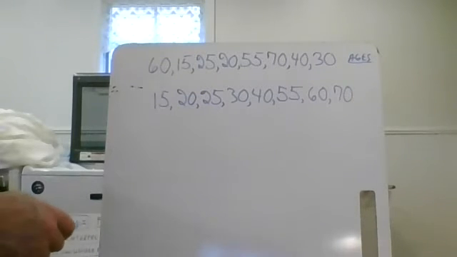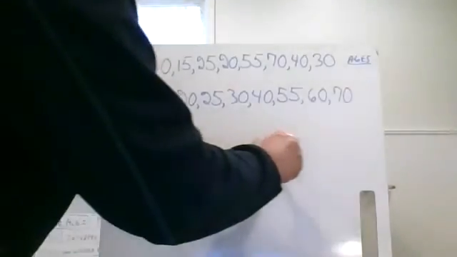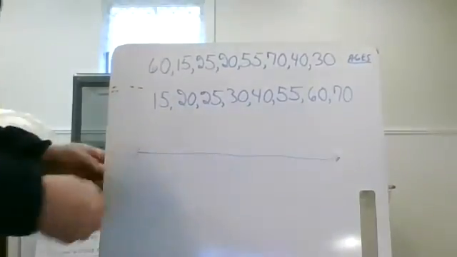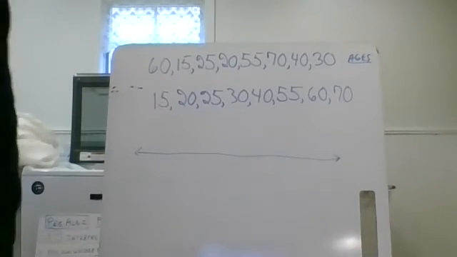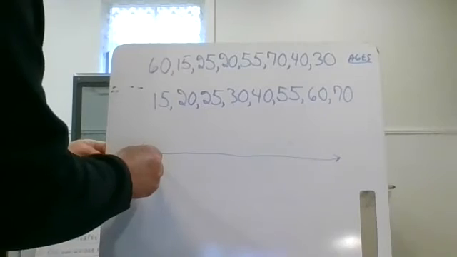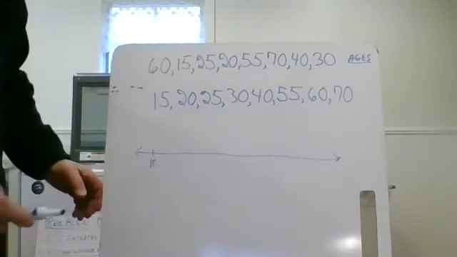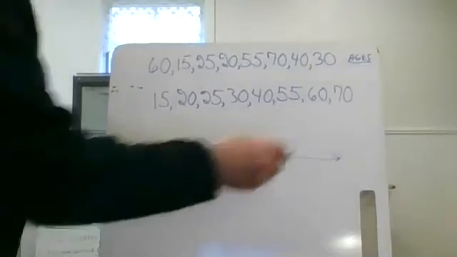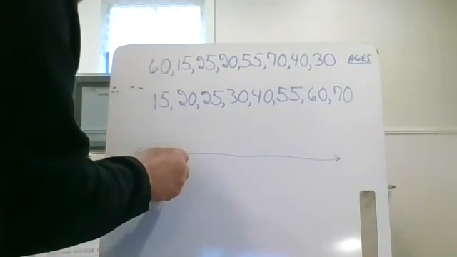Okay? So what do we start with? We draw a number line. Now this time, I'm going to start at 10, which is to the left of 15, and I'm going to end at 70. And I'm going to go up by 10.